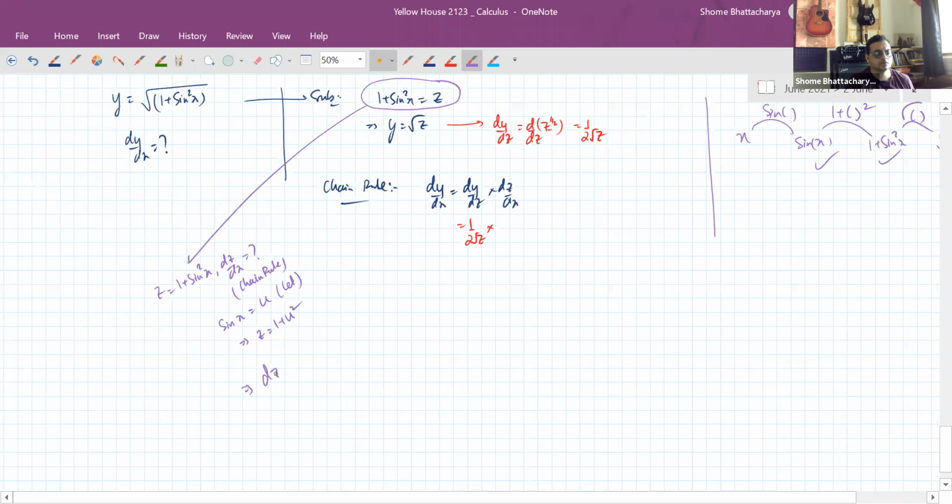So now dz by dx is equal to dz by du into du by dx. Okay. So that is 2u into cos x, and u itself is sin x.